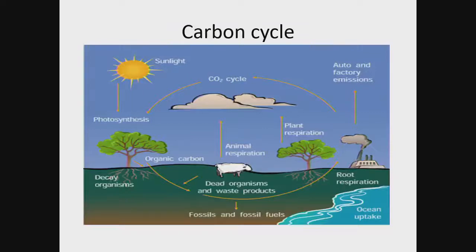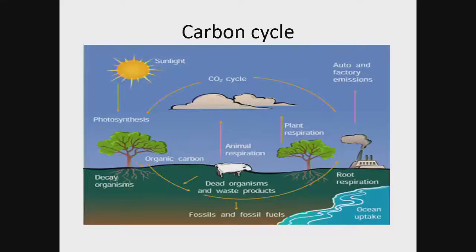And then when the plant grows, the animal feeds on the plant. When the animal feeds on the plant, the animal respires. Because once the animal gets food from the plant, the food is digested and then the soluble nutrients are transported to the cells.